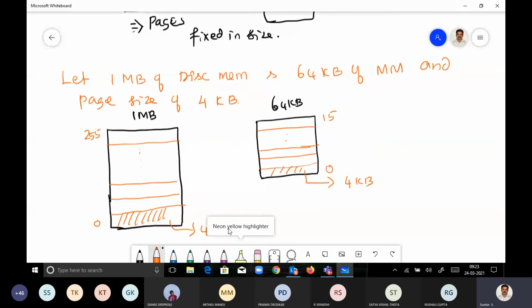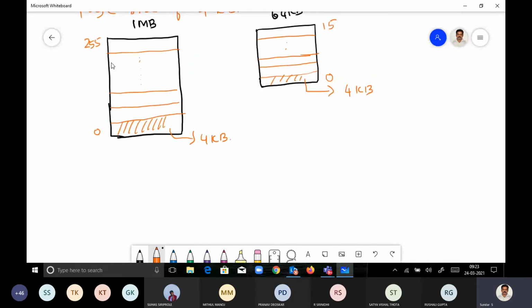Now, let us assume this is the enhanced capacity, because the number of pins increased in the CPU, so this has increased to 1 megabyte. But we are not able to increase main memory to 1 megabyte, as this will lead to a costly system. So that's why we are managing with the already existing 64 KB. Then let us draw the addressing.